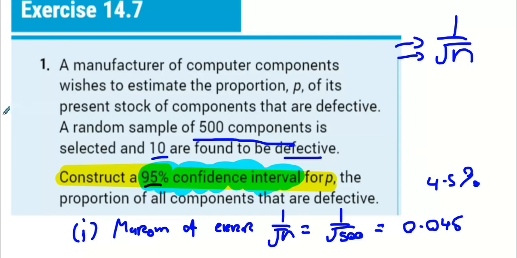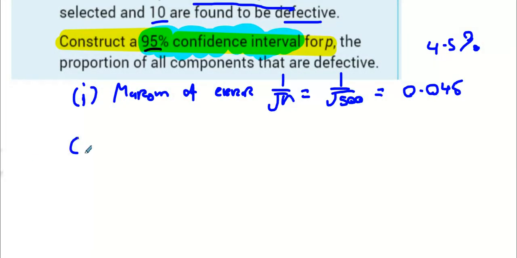Right. What's our actual statistic or proportion? How many of them were found to be defective?